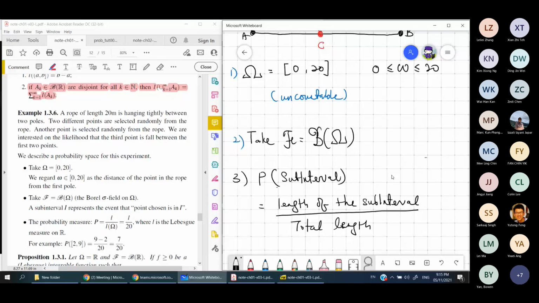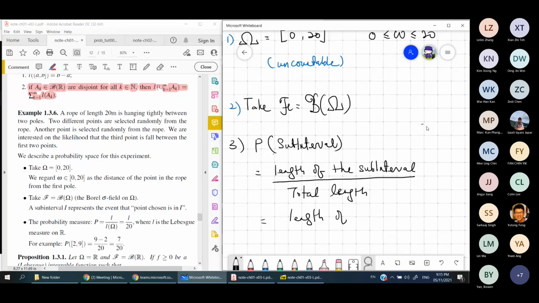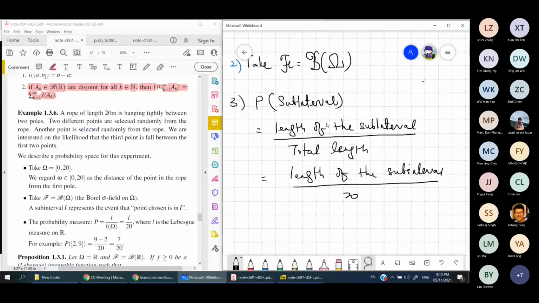The total length must be 20. So that is equal to the length of the sub-interval divided by 20. Okay, so this is how we set this up.